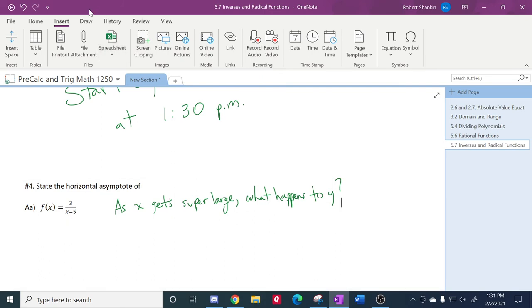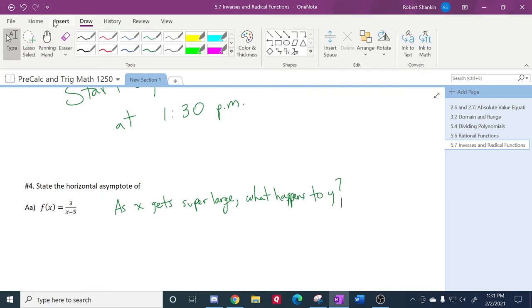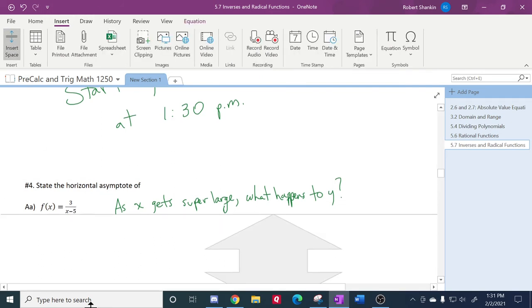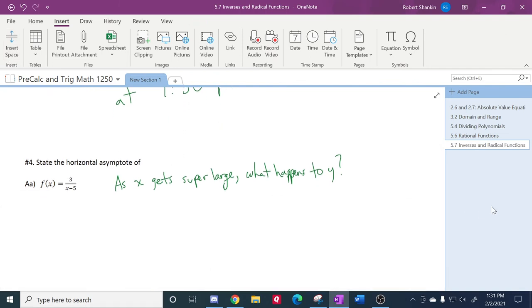All right, and let me put a little more space here. I can answer this question by making a little table. And when x is, let's say, 100, now it's starting to get large, you're going to get 3 over 95, which is pretty small.